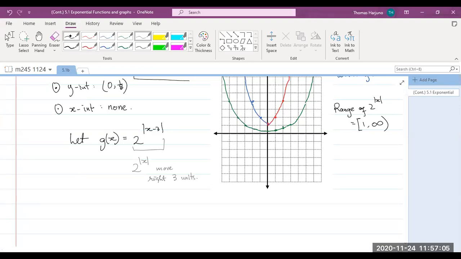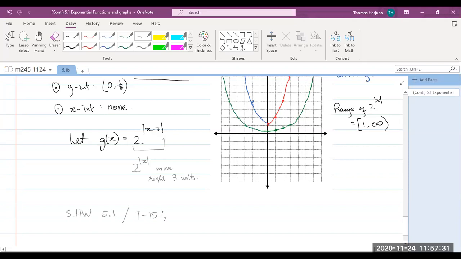Okay, your suggested homework from here. Suggested homework 5.1. I would like you to do number 7 to number 15. Those are short questions.